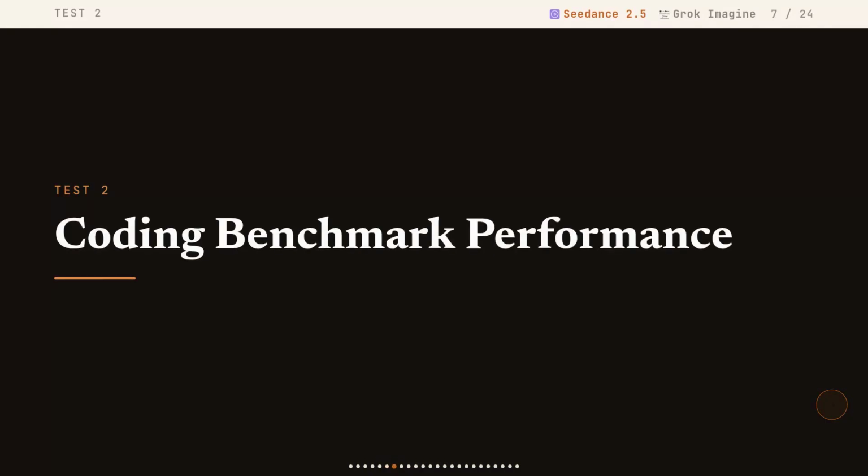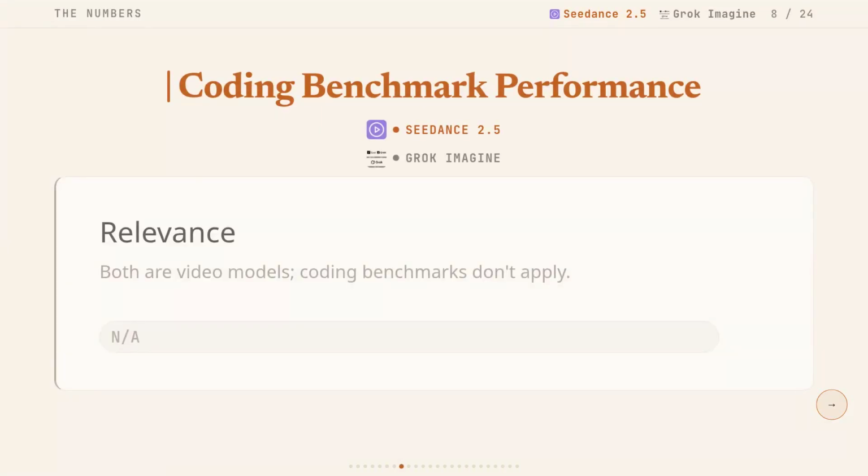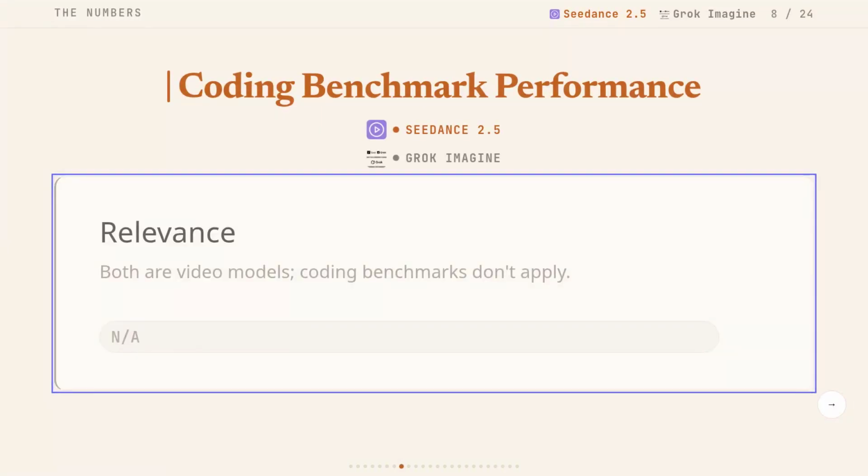Now, test 2 is coding benchmark performance. You might be wondering if one of these tools can help you generate code alongside your video, or if there's some technical edge one has over the other in that department, and it's a fair question, so I actually went and checked whether either model had any coding chops worth scoring. What got me here is how cleanly this dimension just doesn't apply. Both Seedance 2.5 and Grok Imagine are video generation models. Full stop.